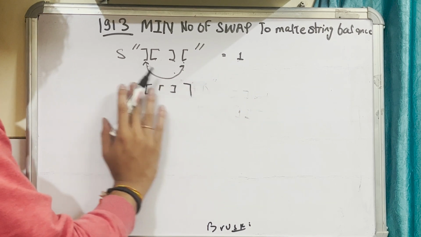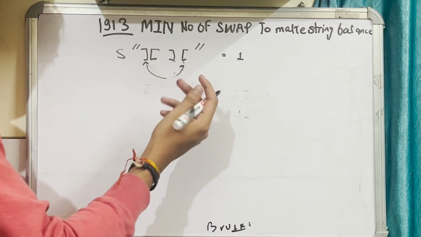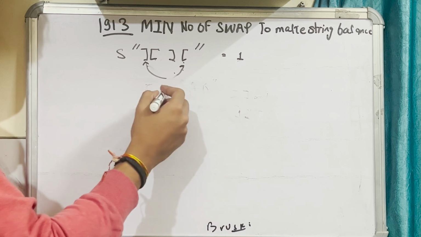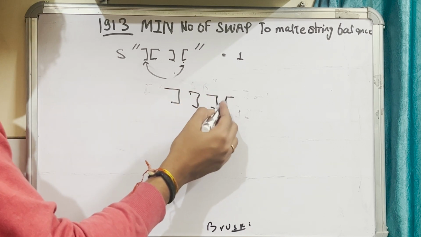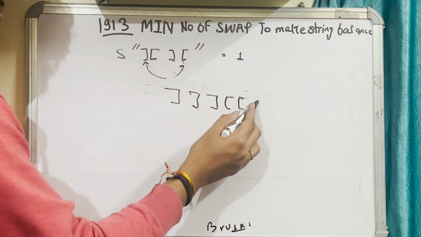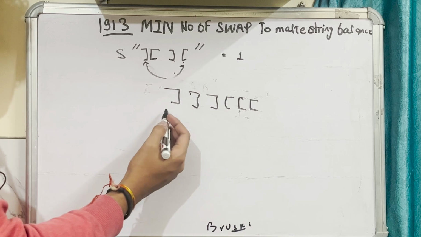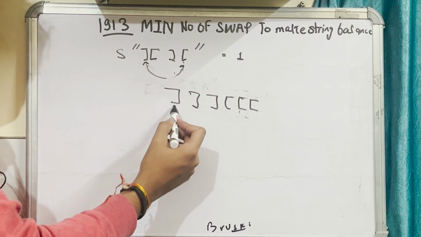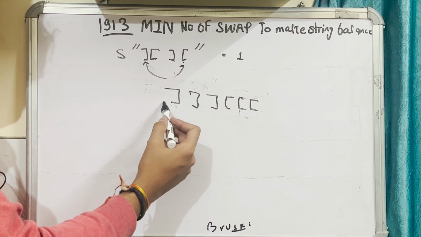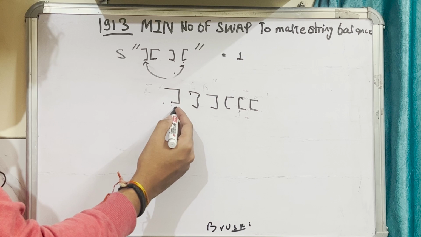Let's try to think using a second example. For example, you have this string. What do you think will be the output? First of all, it is not balanced, as there is a closing bracket before which there is no opening bracket. What should we do then? We should swap it.